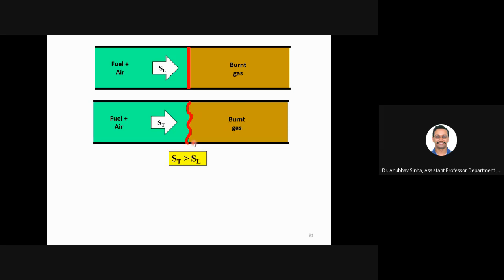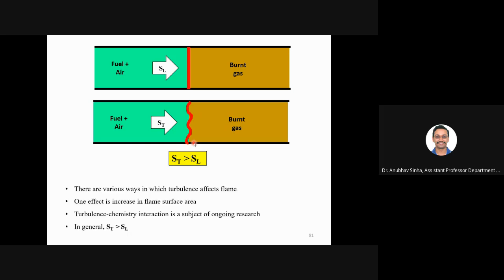Generally we know that ST, the turbulent flame speed, is higher than SL. There are a lot of different things happening; turbulence also affects your chemistry. But one very general observation is that it affects the flame surface area. It becomes corrugated, so the area is increased.